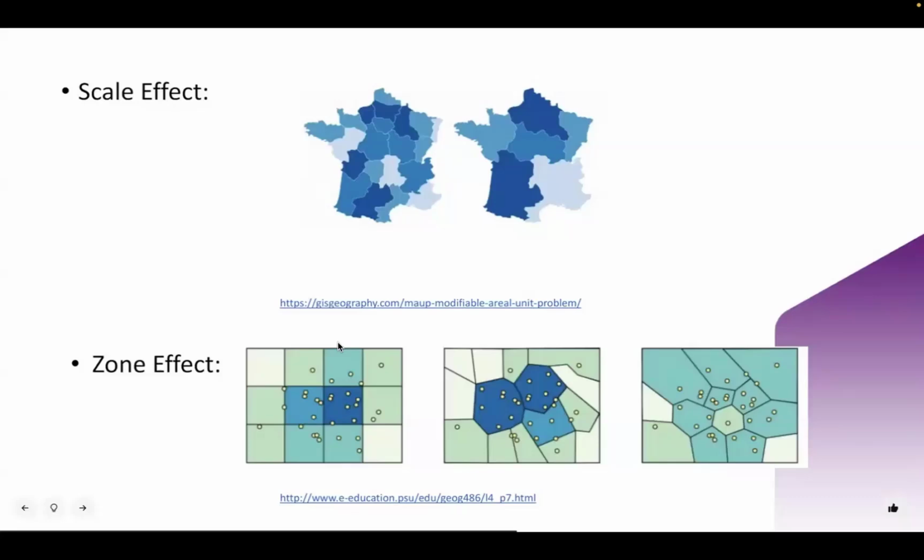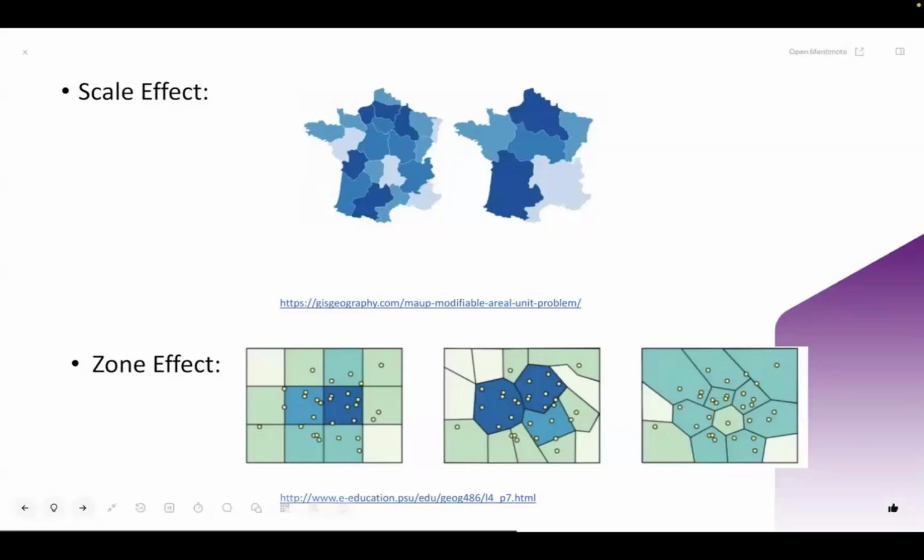In this spotted image where we have the zone effect, this is again the way we draw boundaries affects results. For example, changing police district boundaries may change your crime hotspot rankings. So crime rates might appear lower or higher depending on how these zones are drawn.